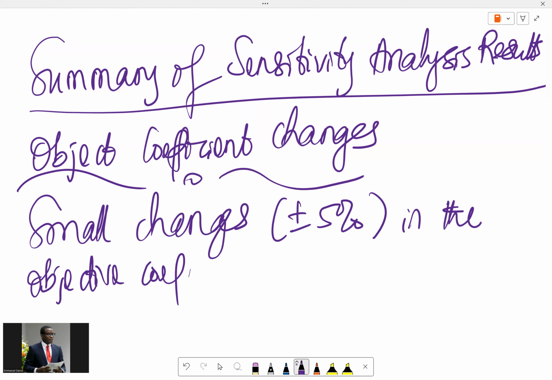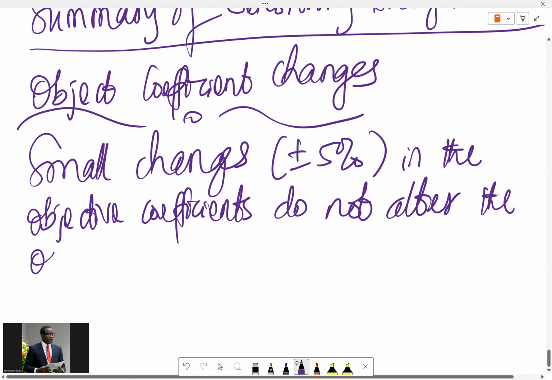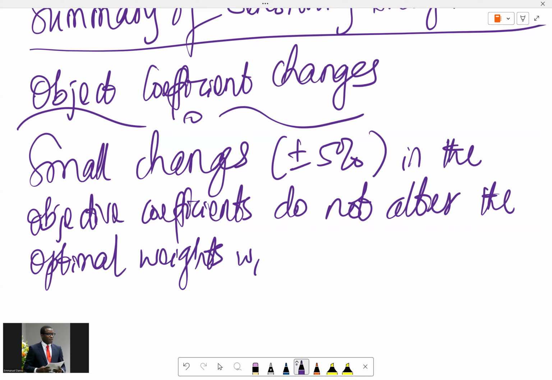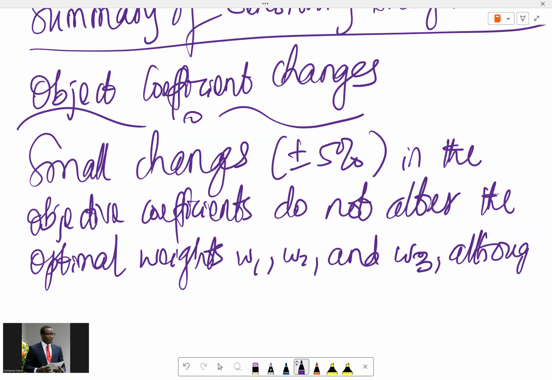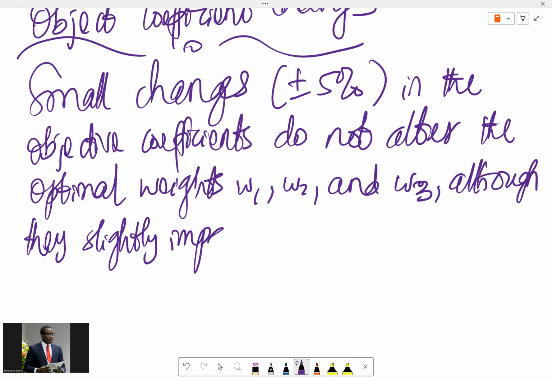Although they slightly impact the maximum objective function Z.